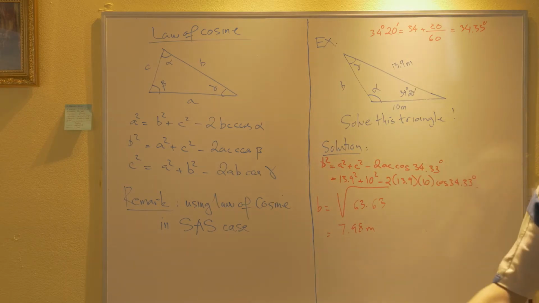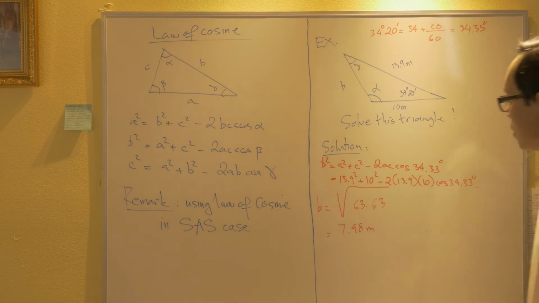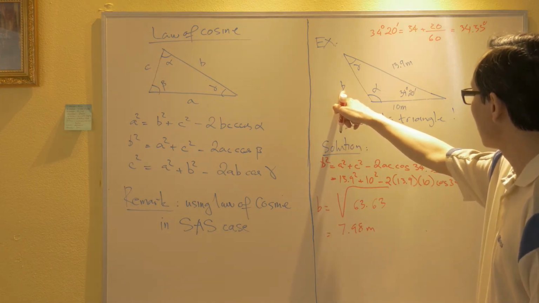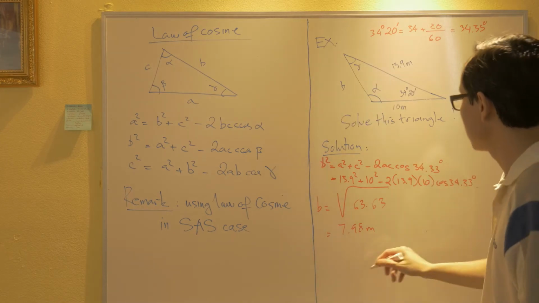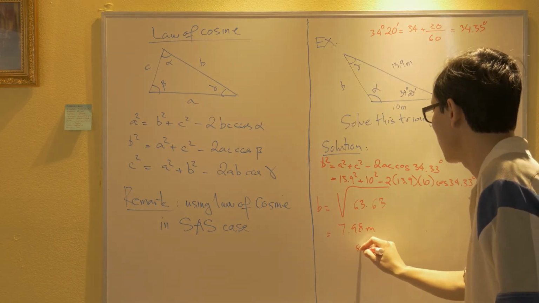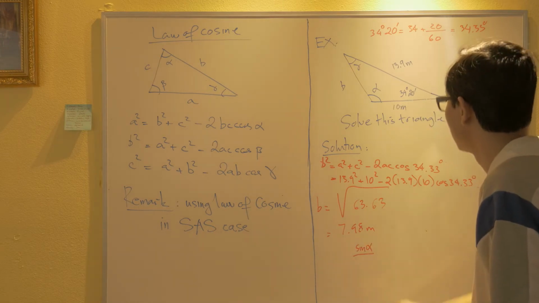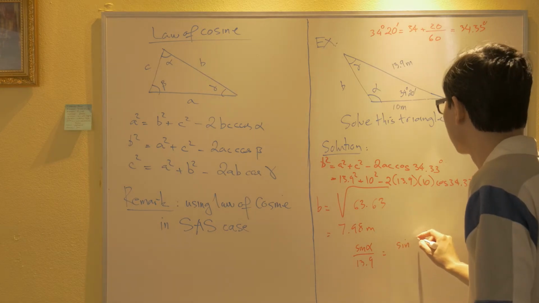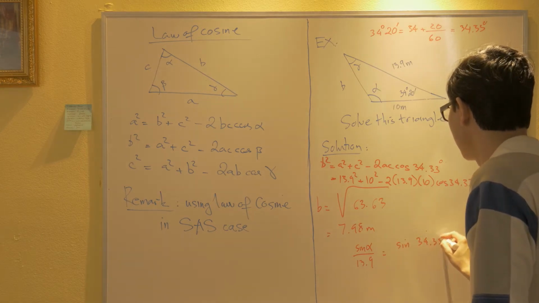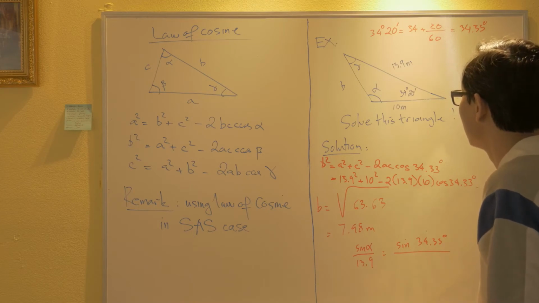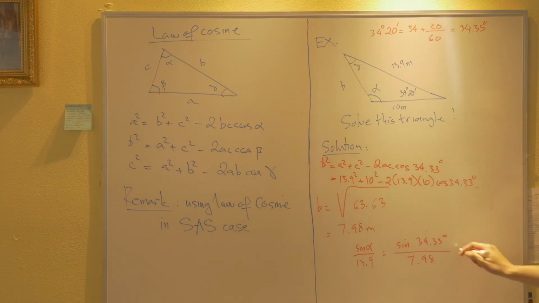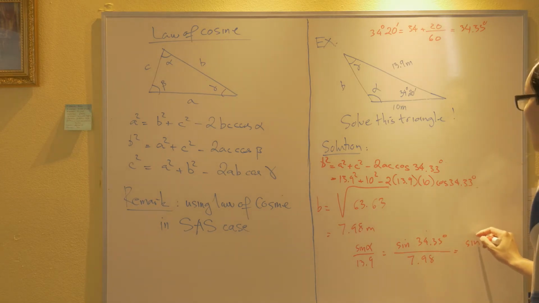Now I can apply the law of sine. It's easier. I already got b over here, so I can say sine alpha over 13.9 equals sine of 34.33 degrees over b, which is 7.98, equal to sine of gamma over 10.